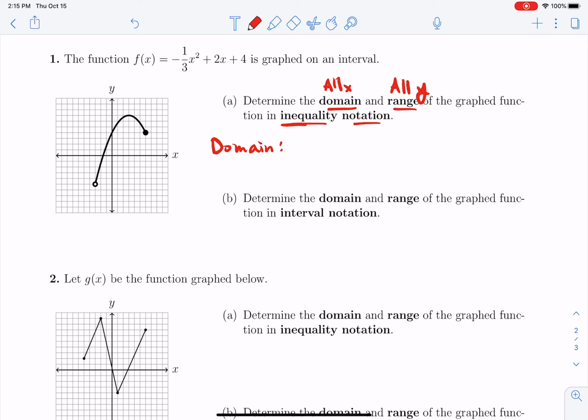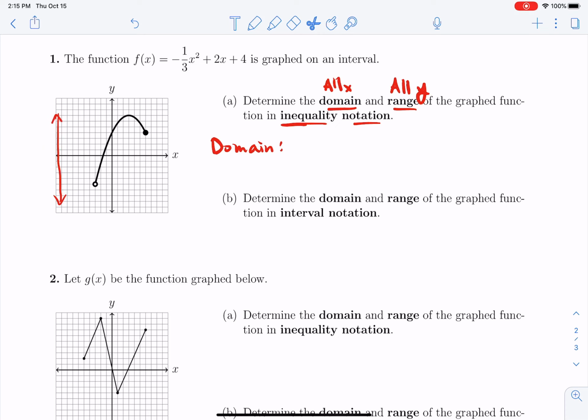If I look at my function here, I can see that it has a leftmost bound and a rightmost bound. So if I were to draw a vertical line here, does that vertical line intersect our function in any place? No, it doesn't. So one thing you want to ask yourself is, what is the leftmost place that that function touches?